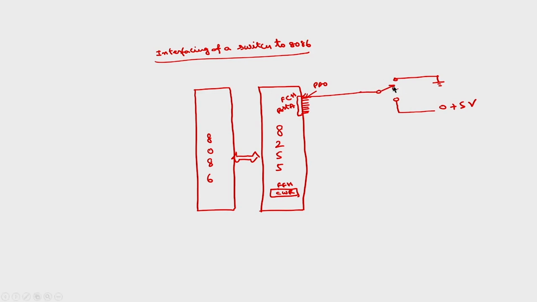This is the diagram. If I connect the switch to this, it is logic 0. If I connect this switch to this, it is logic 1. I want to read the status of this switch. I have connected this as PA0, as an input port.